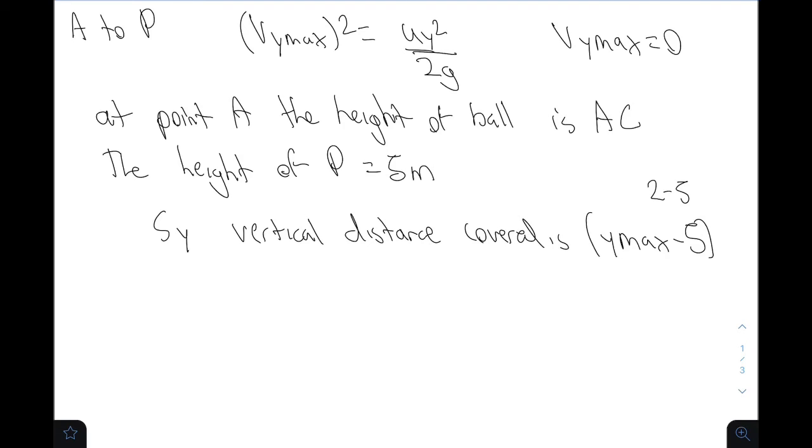And so we can plug everything into an equation. This is going to be 0, so you can cancel this out.